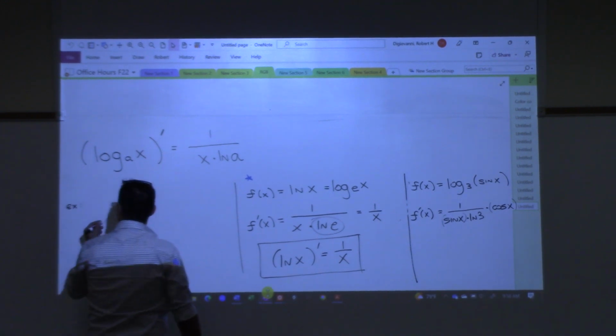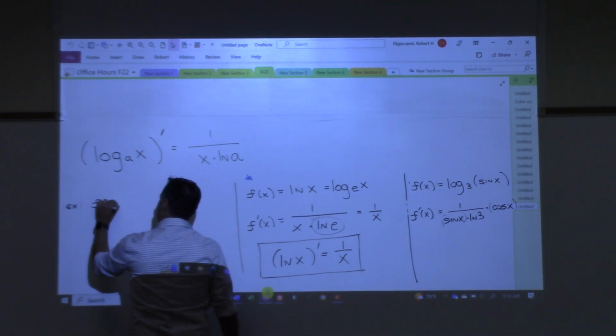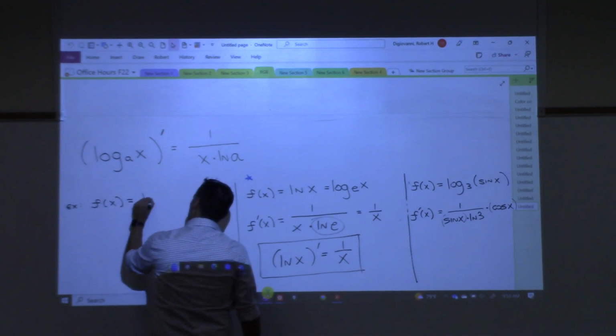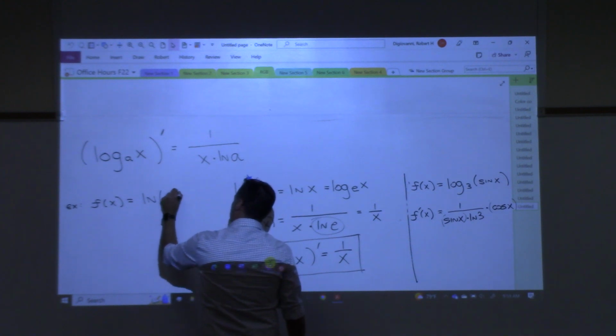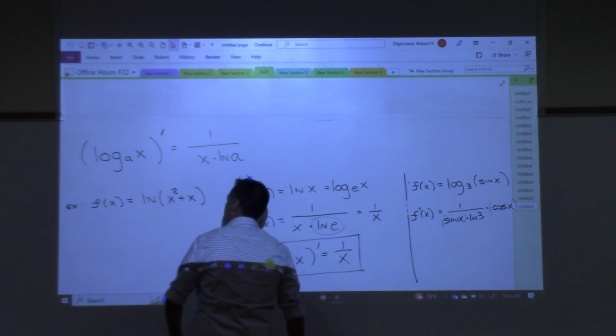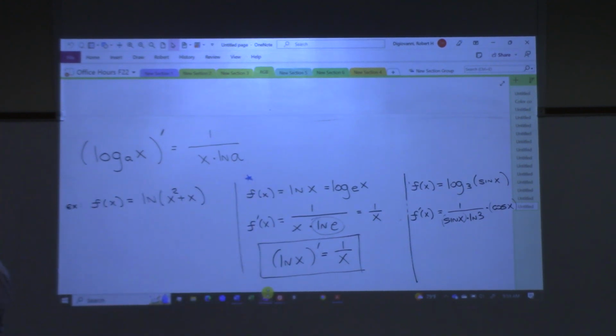Try this example. Let's say you have f of x equals natural log of, let's go x squared plus x again, something like that. Composition, right? Starting with the outer function first.